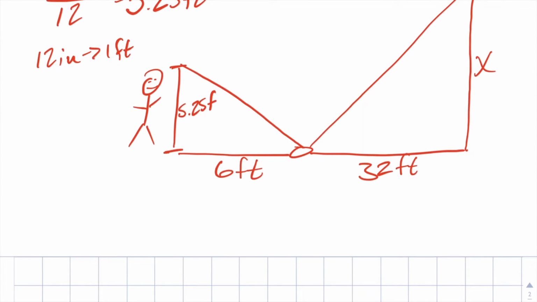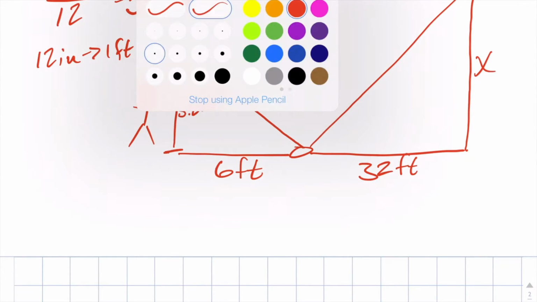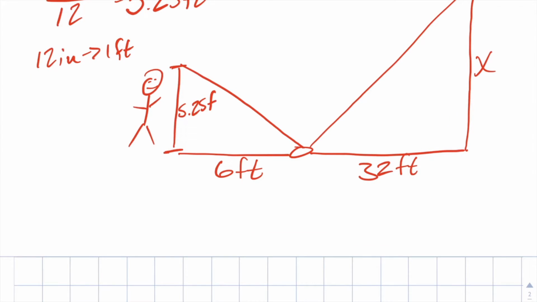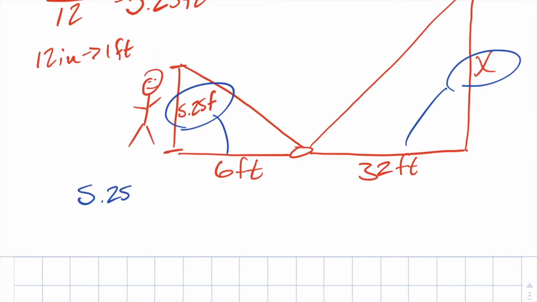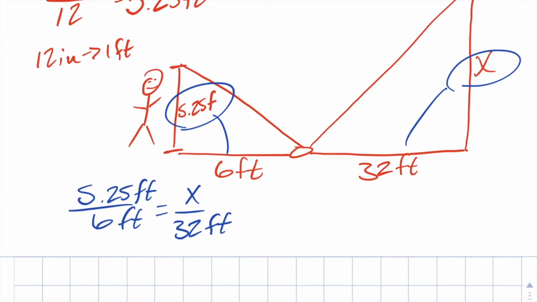So we can just compare these. This to this is equal to that. 5.25 over 6, in feet, is equal to x over 32 feet.